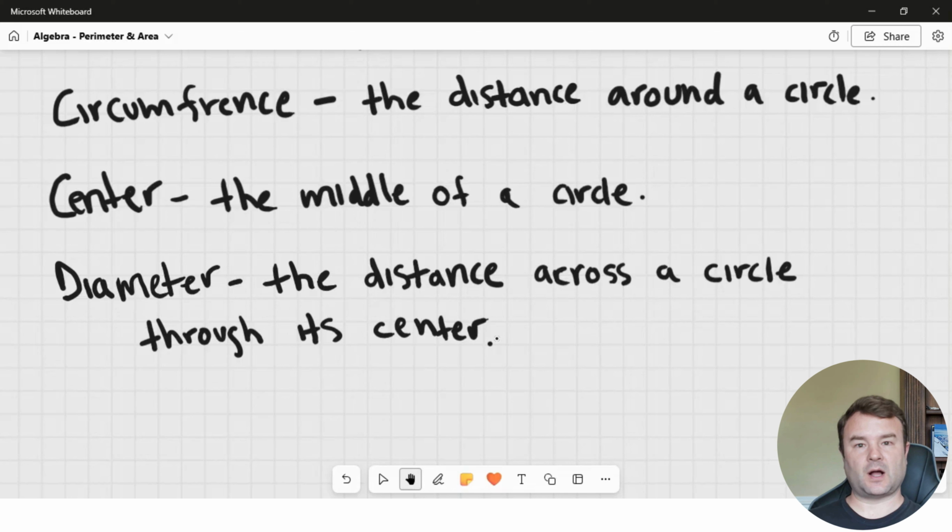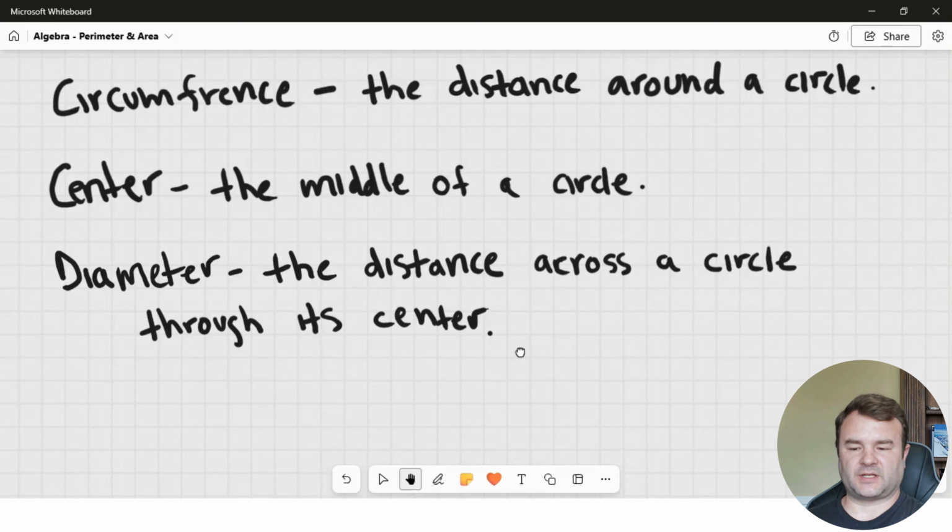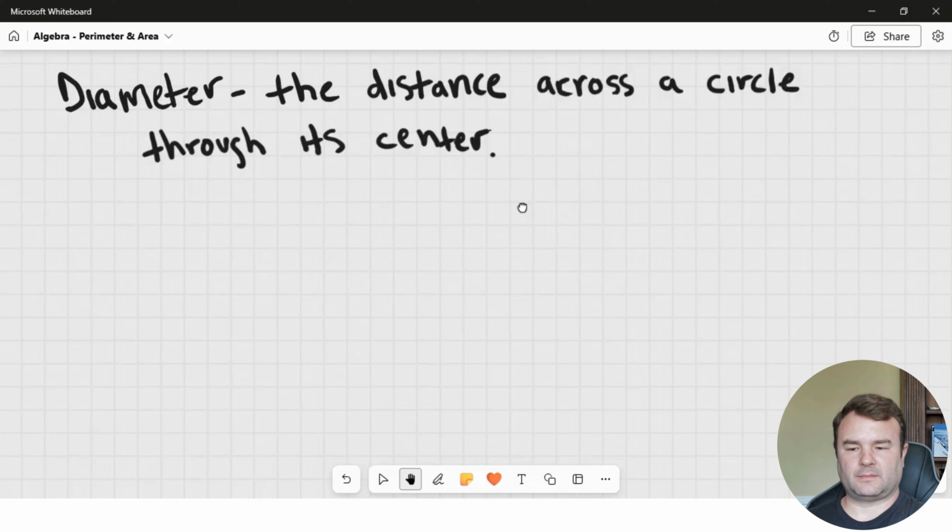Simple enough, and these are all words that you've probably heard already, but we just want to put a definition behind them before we start using them and defining them mathematically.